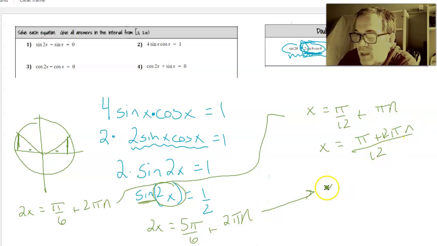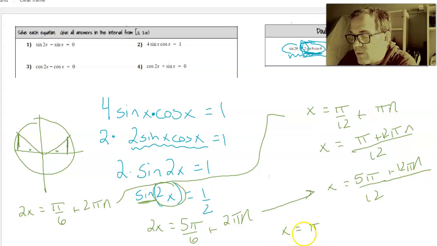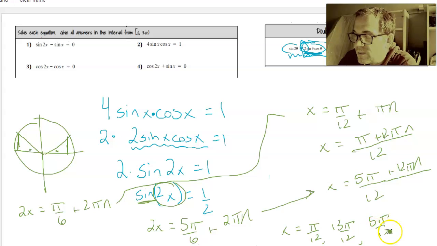This fella gives me x equals 5 pi over 12 plus 12 pi n. So I'm going to end up with pi over 12, add 12 to the numerator, 13 pi over 12, 5 pi over 12, and 17 pi over 12.